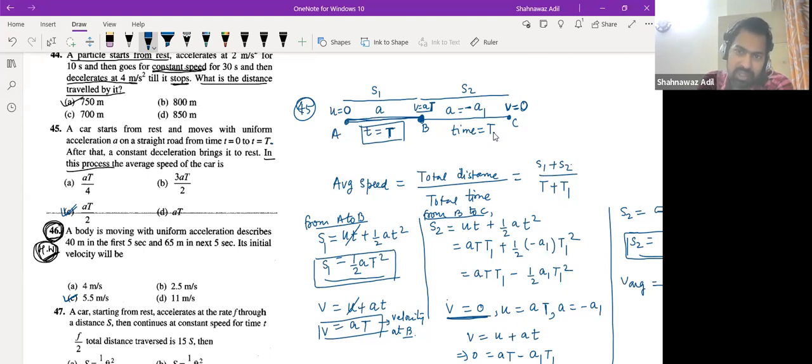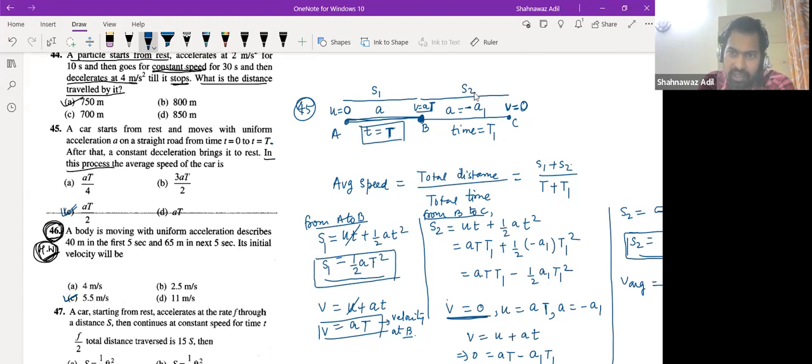The question was that from A to C, we have to calculate the average speed. So as Rishita pointed out, we have to calculate total distance by total time. From A to B the distance is S1 and B to C the distance is S2.